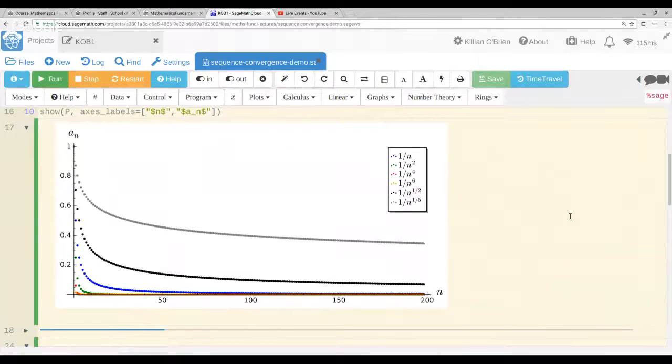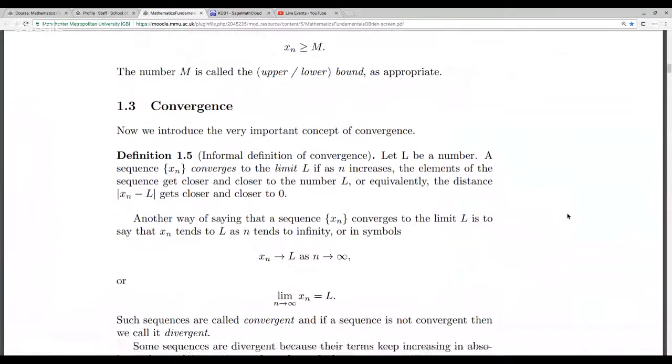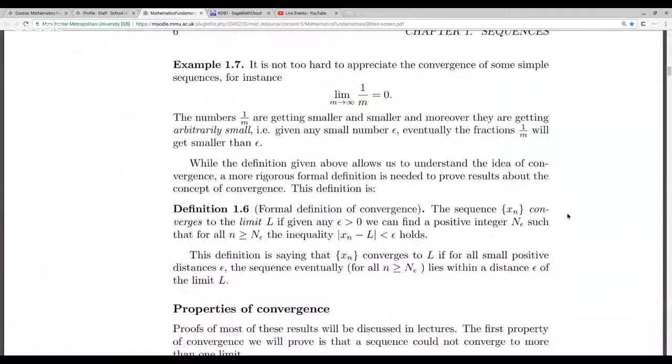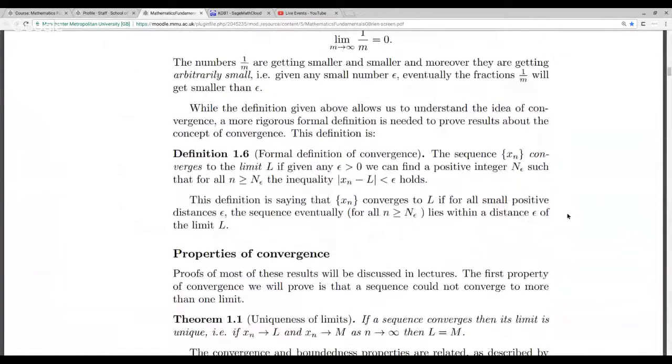So this is what we mean by our formal definition of convergence. So the formal definition of convergence here in definition 1.6, this is the one that we use to certify convergence, to take particular example sequences.